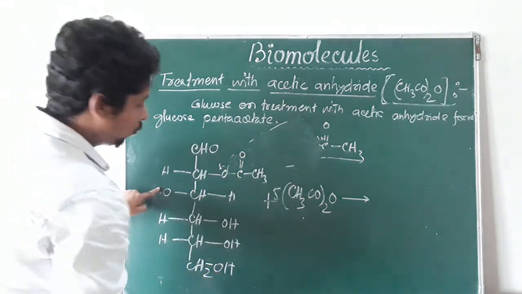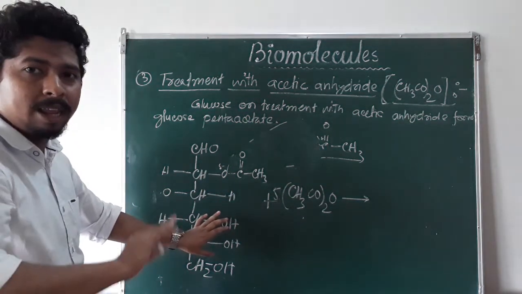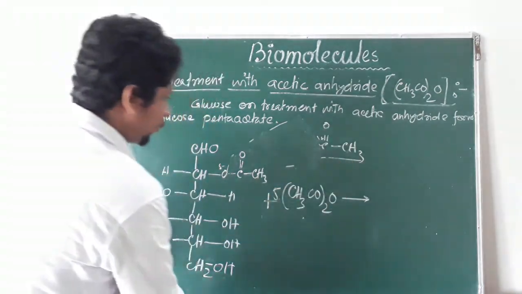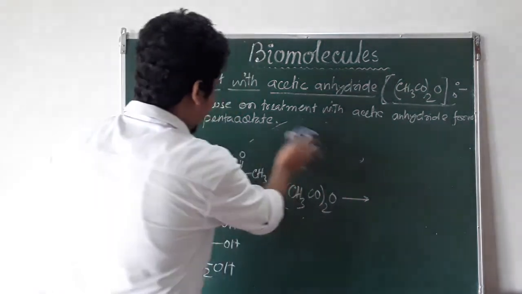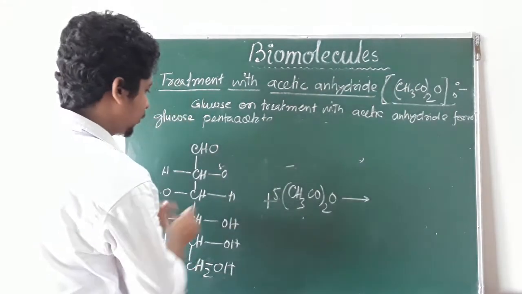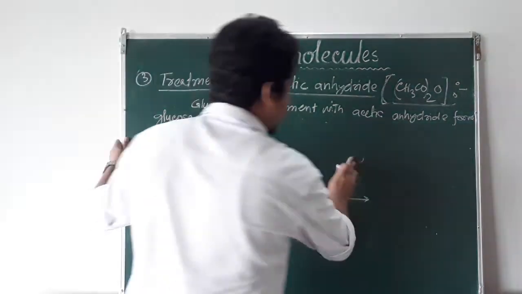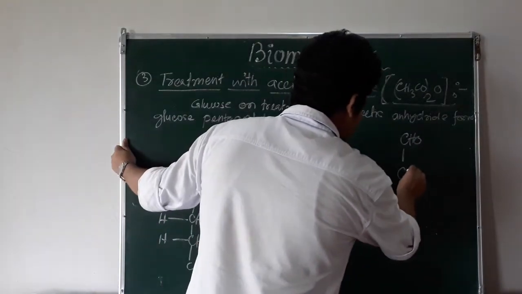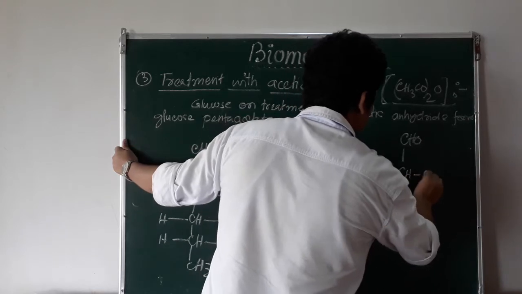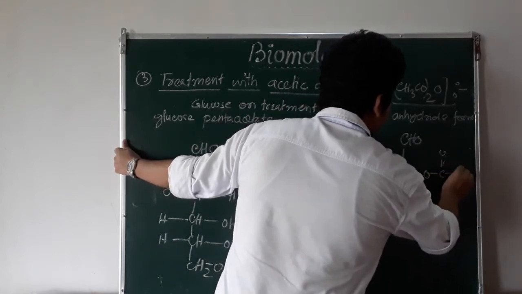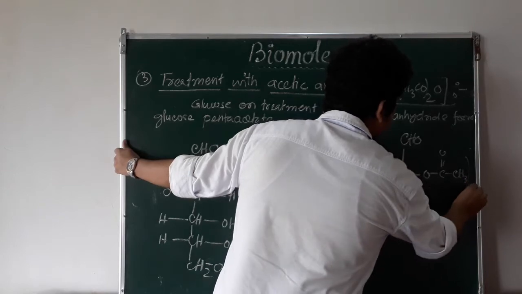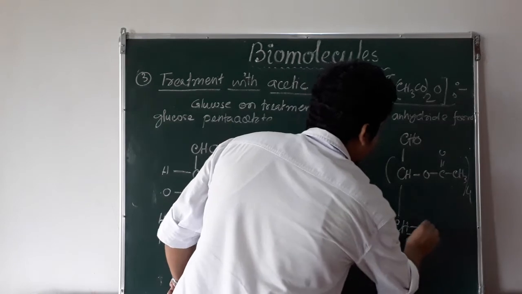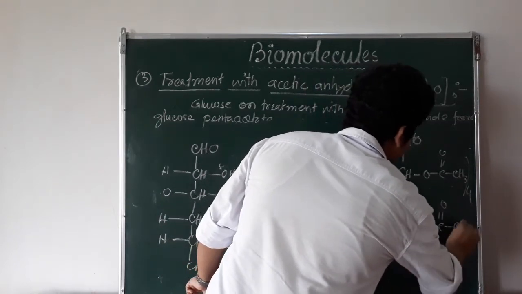From the 5 OH groups, one H plus will be removed from each. As a shortcut we can write CHO bond, then CH bond O bond COCH3 4 times, and the last one CH2 bond O bond COCH3.